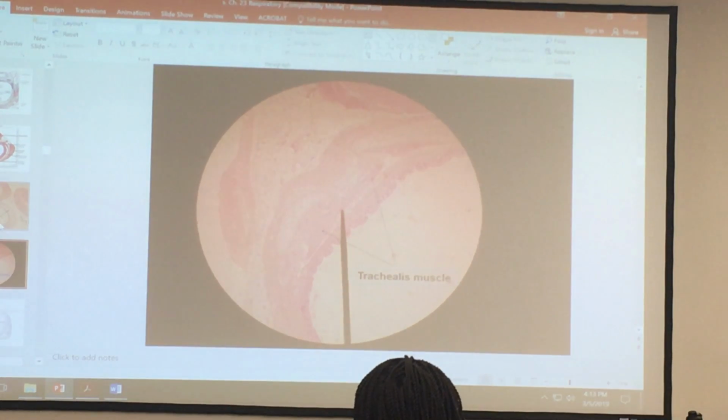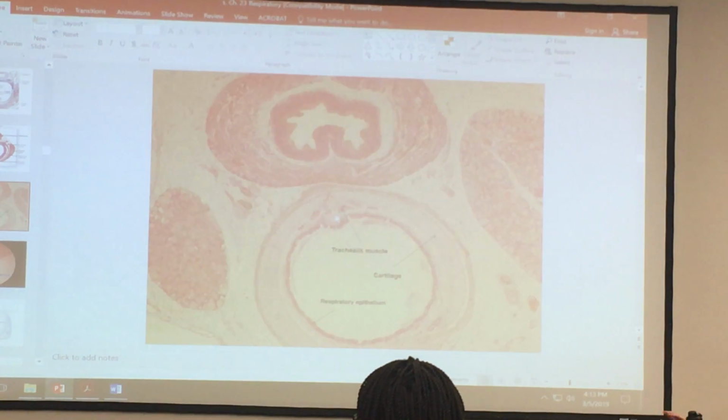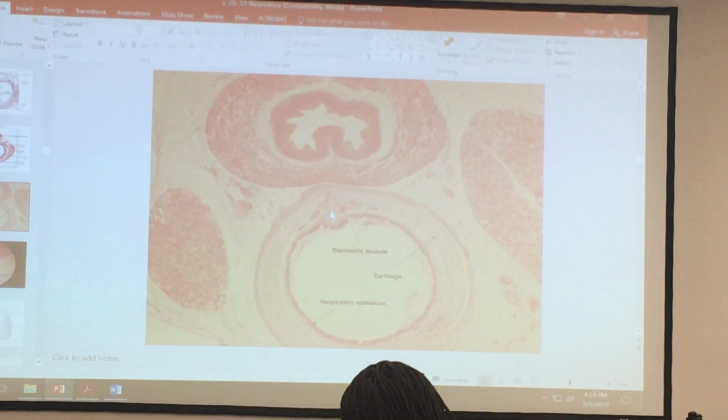Let me go back to here. When this muscle contracts and makes the diameter smaller, it's controlled by parasympathetic. But during exercise, it will relax, and then the C shape will open wider, and we can get more oxygen.